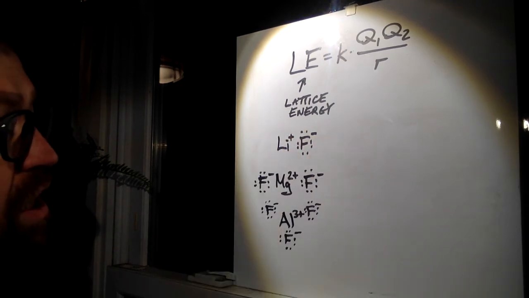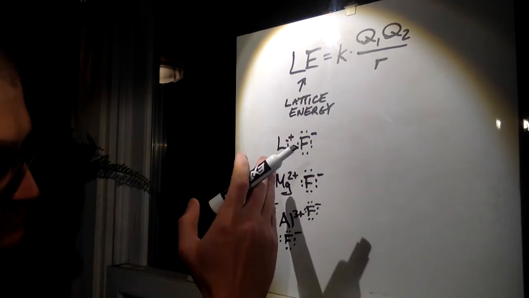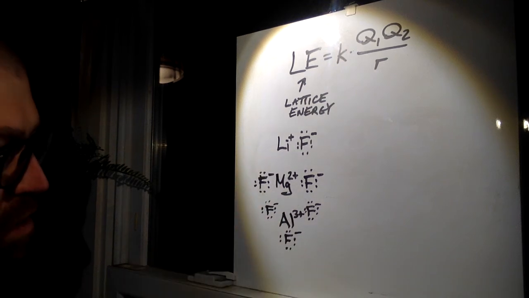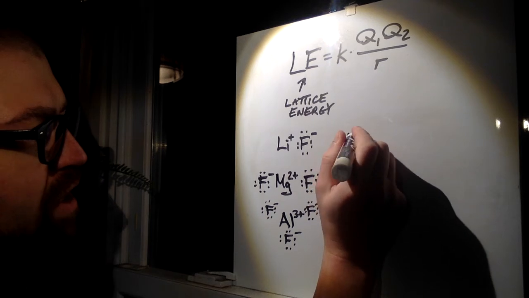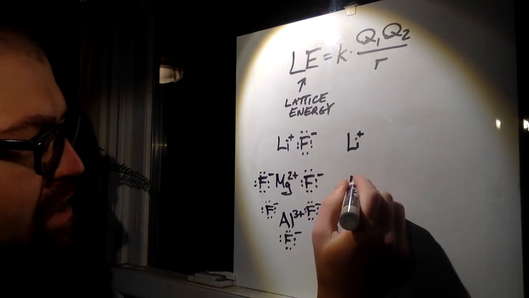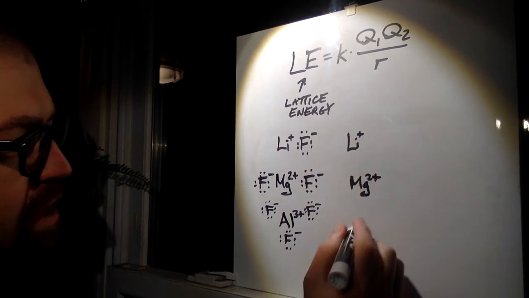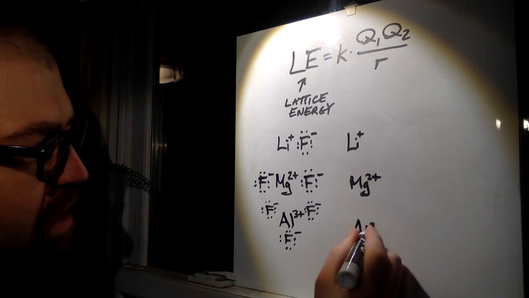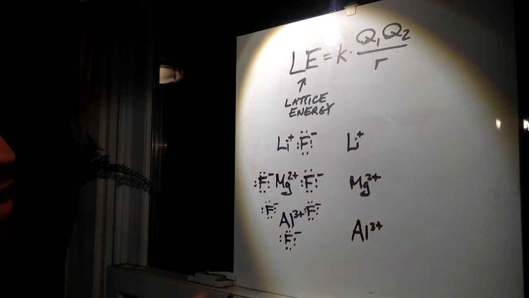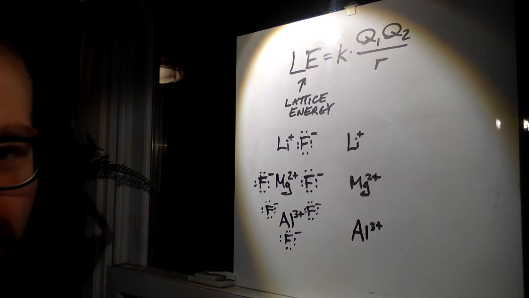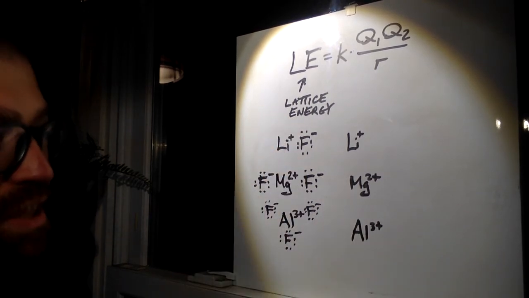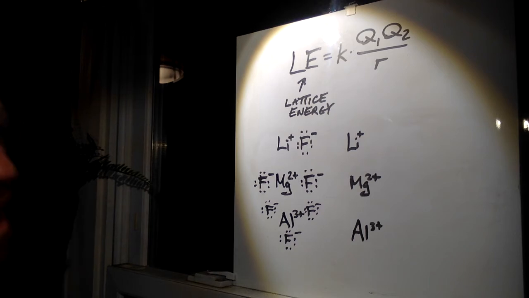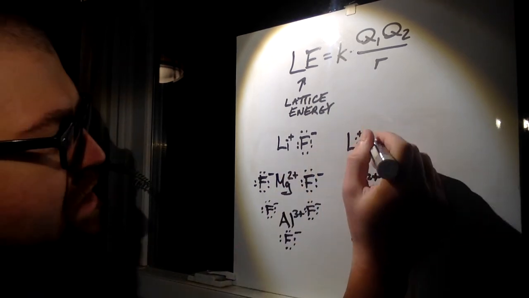We can also envision not only 1 plus, 2 plus, 3 plus here. We could create this little table where we have Li plus again, magnesium 2 plus again, and aluminum 3 plus again. But now change the negative charge. So instead of 1 minus for our negative charge, let's have 2 minus. So let's say oxide.